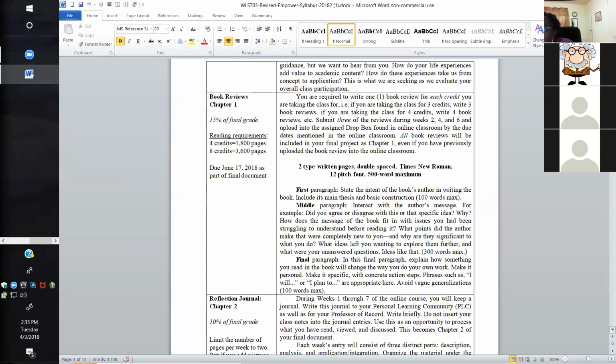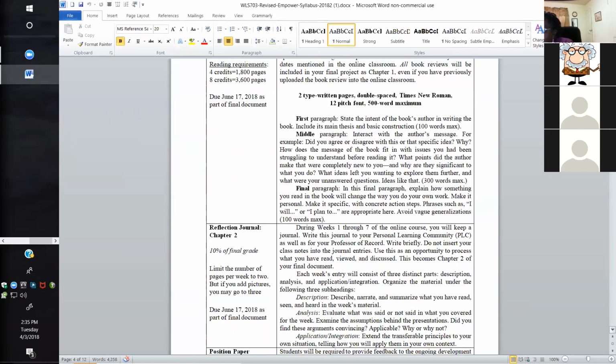Let's see if the pages is well, they have the wording there of 500 words. For the first paragraph, 100 words, the middle 300, the final 100. So that is identified more as words than as pages.